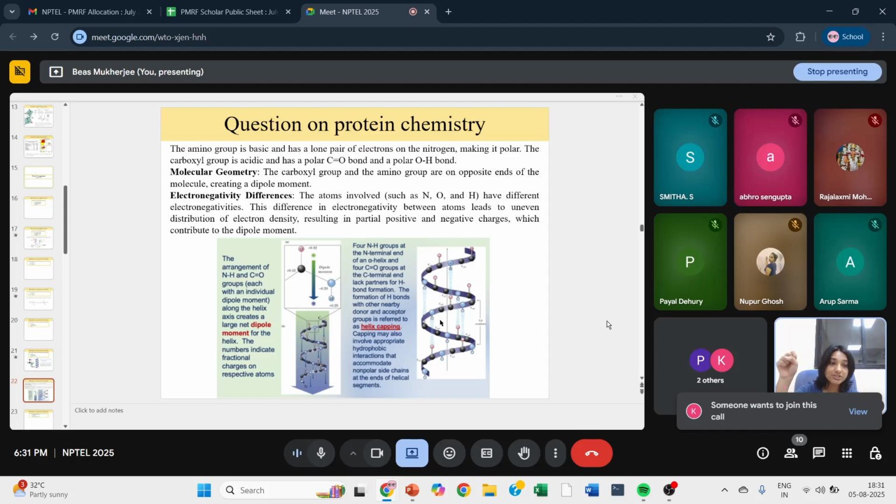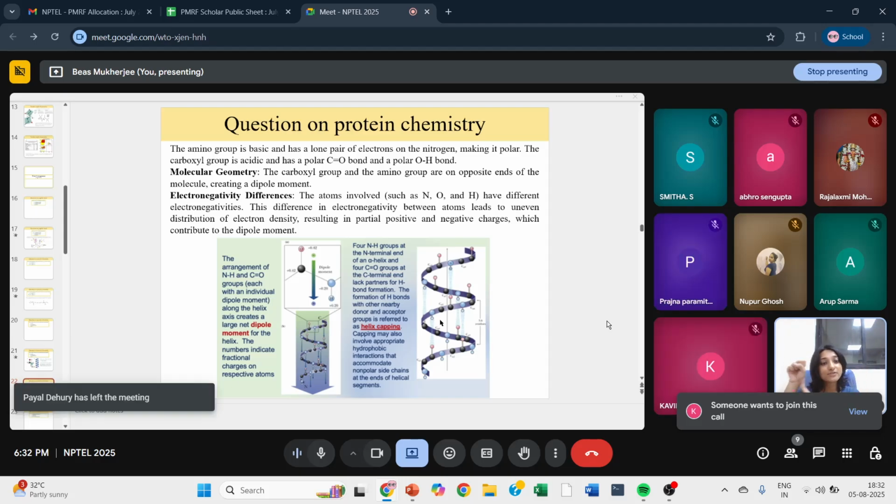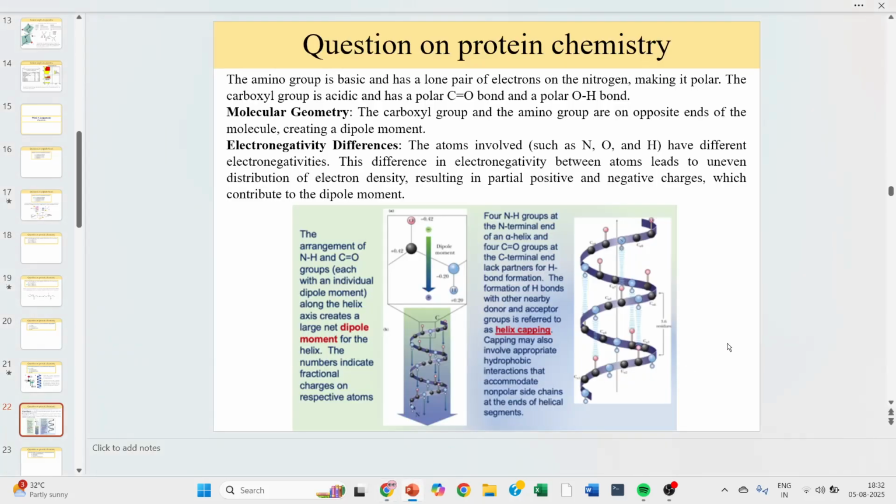For example, the side chain group interacts with the main chain of one amino acid, and again the main chain of this particular amino acid interacts with the side chain of the other, and this is how it forms a very stable structure at the two ends. This is called helix capping. Some residues are known to be very good helix cap formers. So you can go through this tiny box given in this slide and have a better understanding.